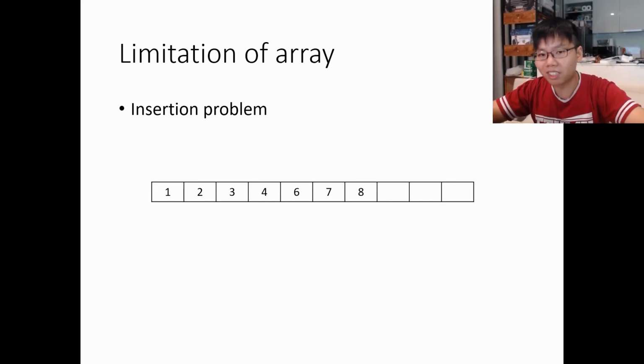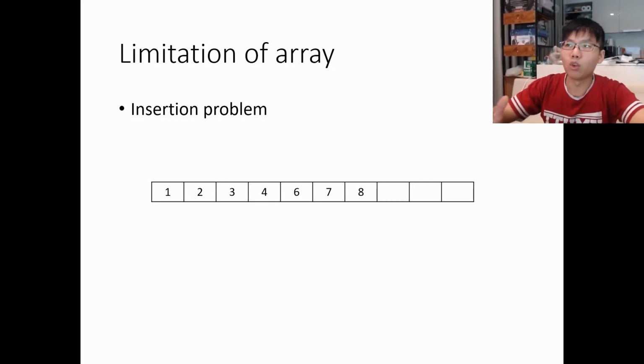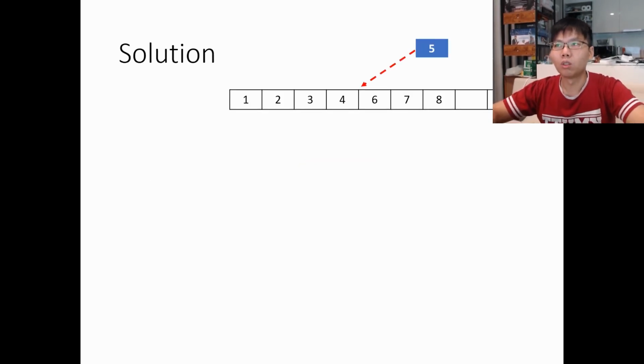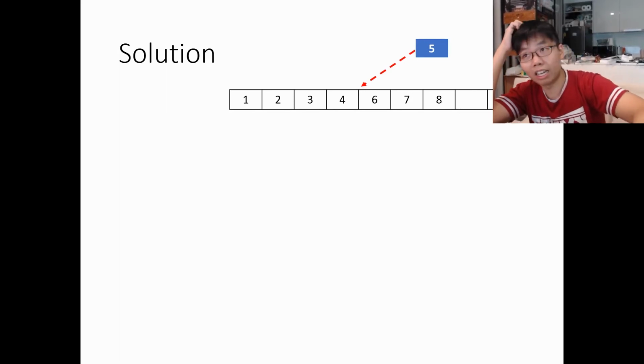So first of all, since it's a sequence of data that you predefine, whenever you assign the data into an array and you want to insert into some specific index, you're gonna have quite a troublesome problem. The solution people usually use is to create another array.